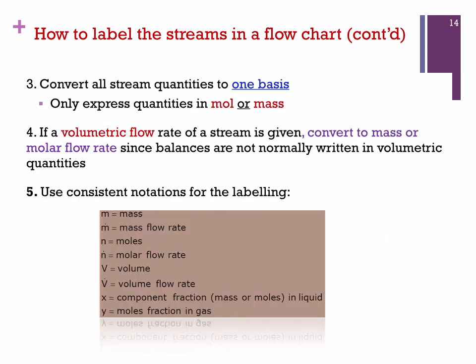The next tip is that for the calculation, you need to convert all streams into one basis. If you need the answer in mole, it's better to convert all of the streams into mole basis, and vice versa with mass.